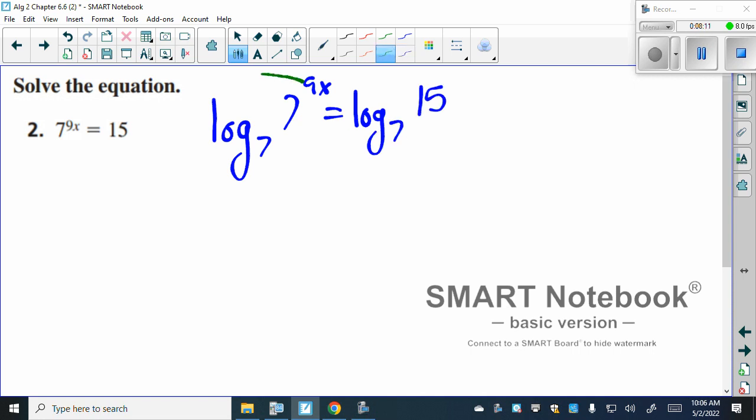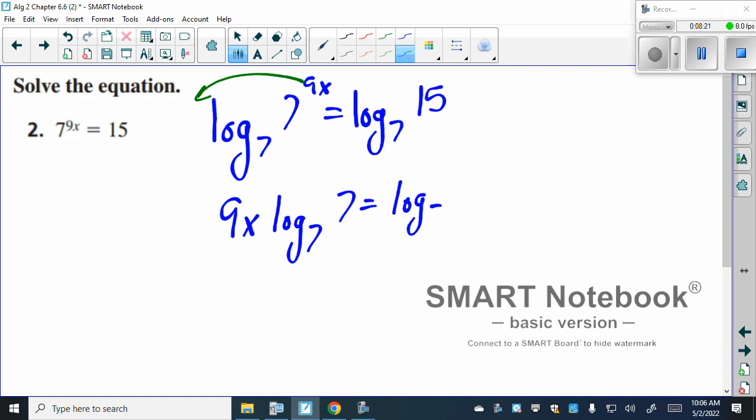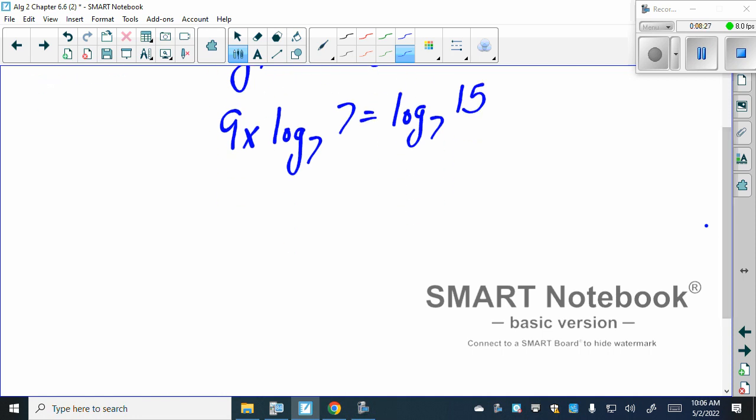Because here, the 9x will move out front, telling us that we have 9x log base 7 of 7 equals log base 7 of 15. Now we do know whenever the base and what's inside are the same, it's going to simplify to 1, telling us that we have 9x equals log base 7 of 15.